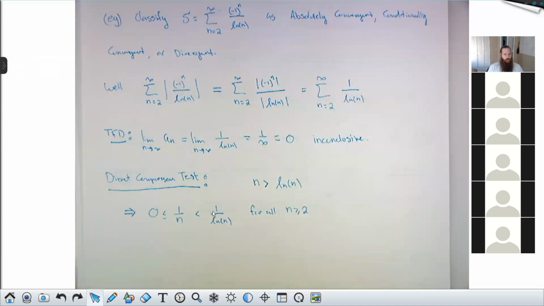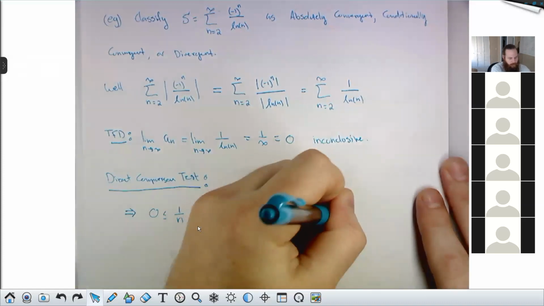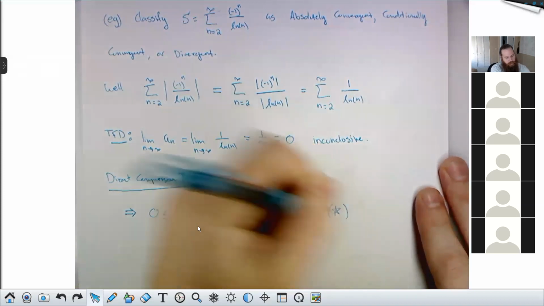So if you have a smaller denominator, then you will be bigger overall. Since natural log of n is smaller than n, 1 over the natural log of n is larger than 1 over n. I'll call this inequality statement here star.